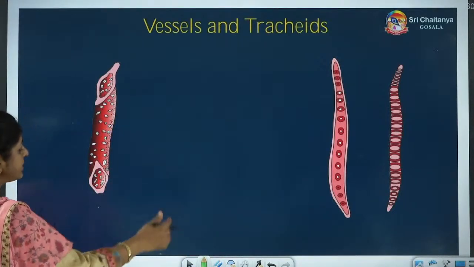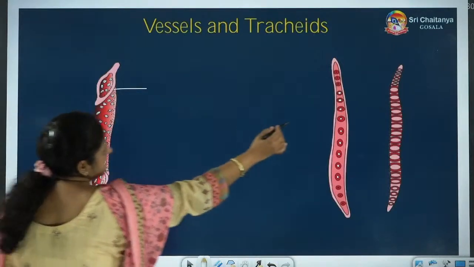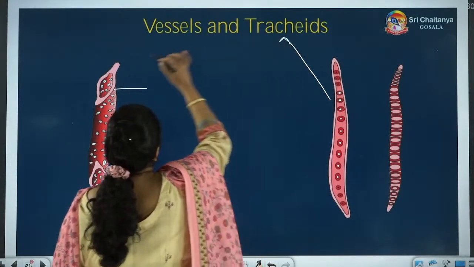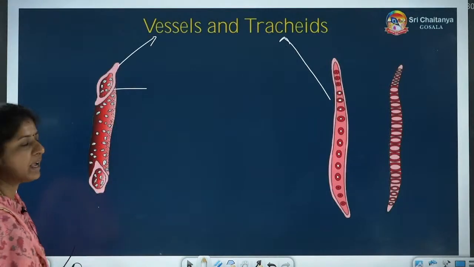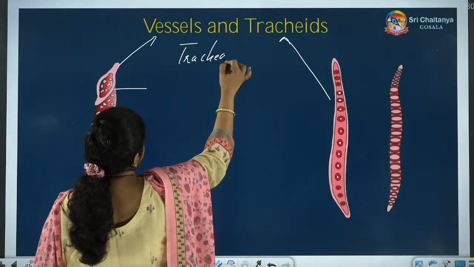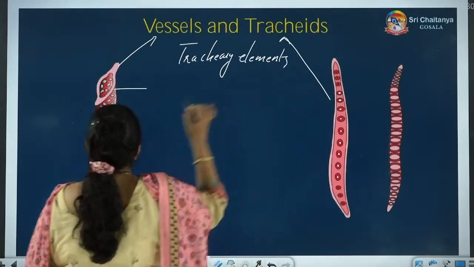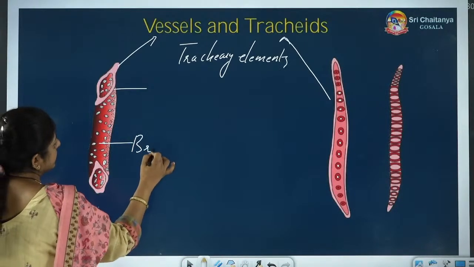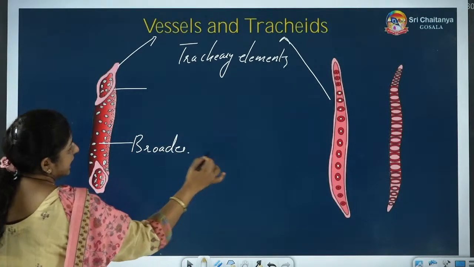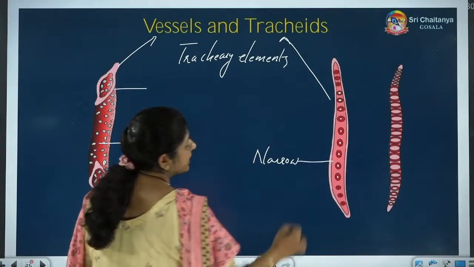The major differences you should know: these are the tracheids and these are the vessels. Together you call them tracheary elements, right? And these are much broader and these are narrow. They have a lumen.